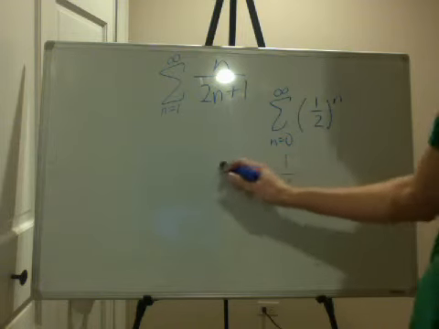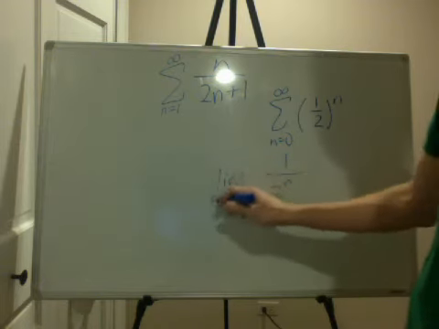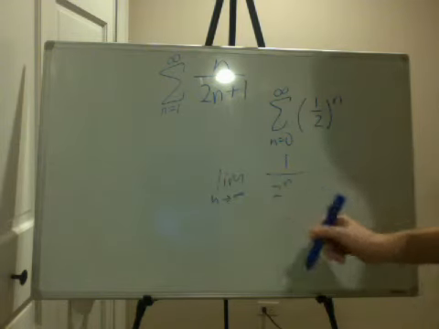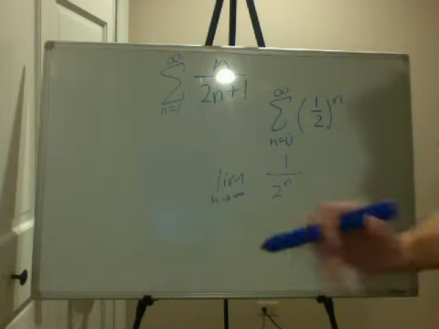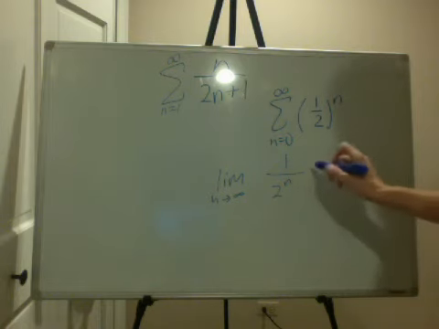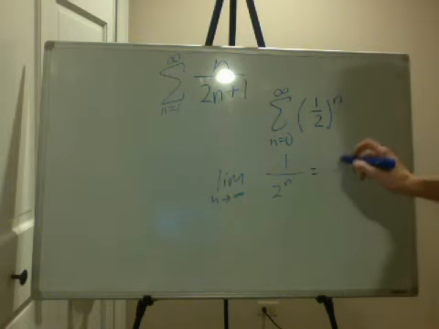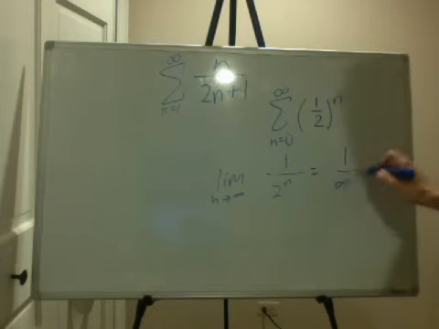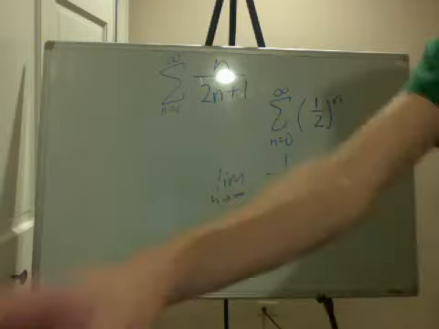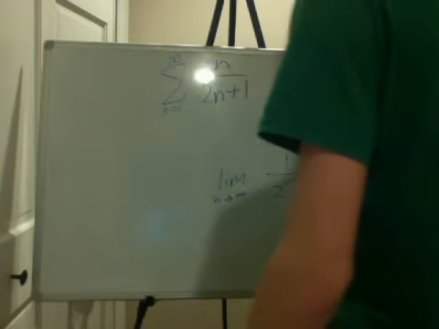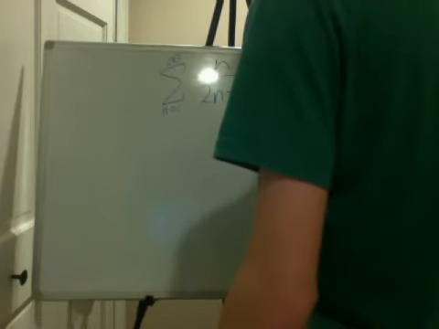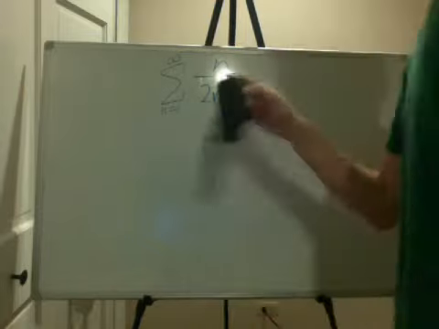And let's say we took the limit of this as n approaches infinity, because we want to know what the value we'll be adding is when we hit infinity. You would get 1 over 2 to the infinity power, which is 1 over infinity, which equals 0. And so we know that eventually you're going to get to a point where it's so insignificant that you're basically adding 0 to it. And that is part of the reason that we know this is going to converge, because eventually we'll be adding 0.